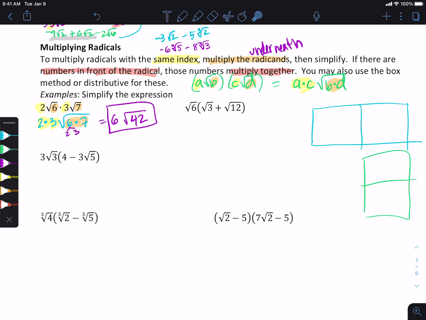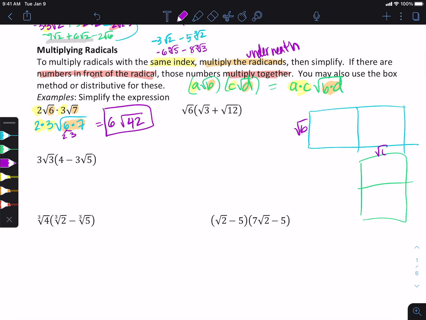Either is fine, but since you have one, you need one row or one column, and since you have two, you need two columns or two rows. Okay? So, and make sure that they match accordingly. So the one term goes with the one row in this case, or the one column in this case, and then the binomial goes with the two columns, oops, that's a 12, or the two rows on this one.